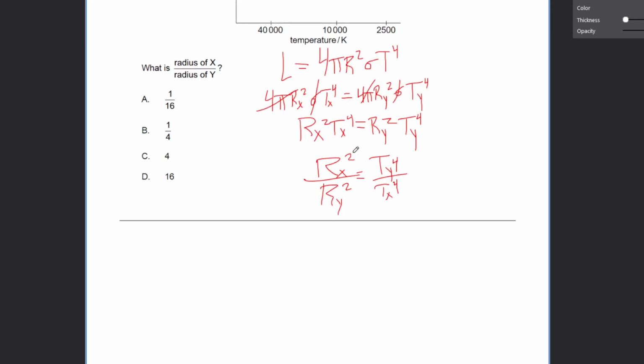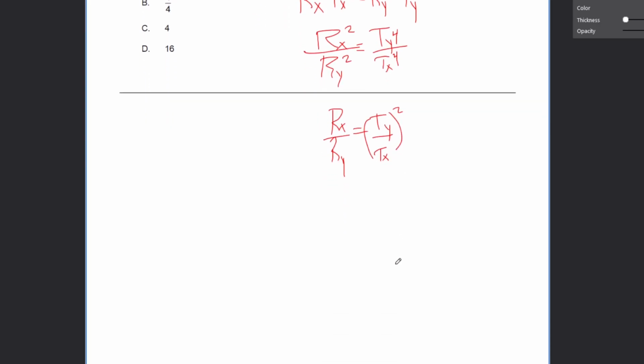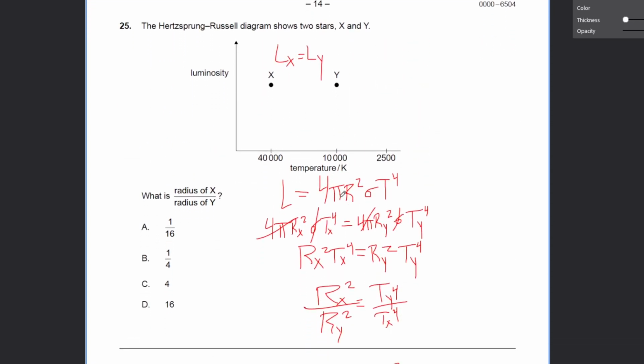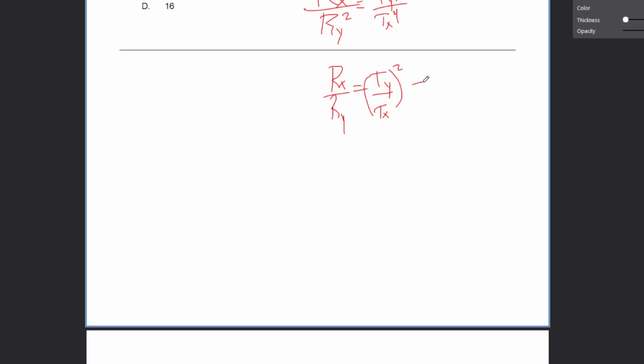We can also further simplify this, take out the square here, and then take the square root of both sides. So we have r sub x over r sub y is equal to T sub y over T sub x, squared. And T sub y over T sub x, well, we have the values for temperature. It's going to be 10,000 over 40,000. I'm going to just write that as 1/4. And that is squared. 1/4 squared is 1/16.